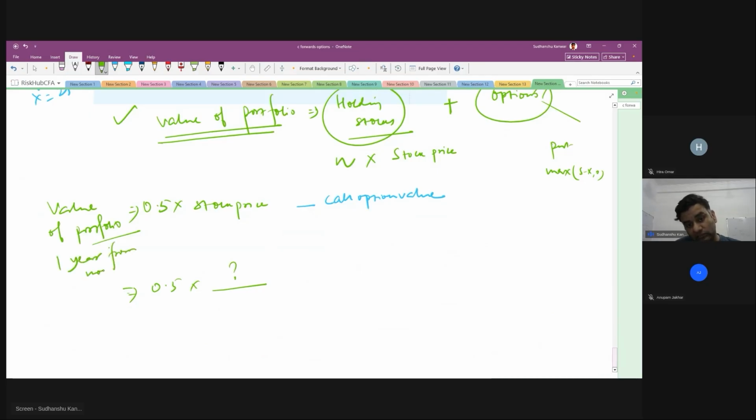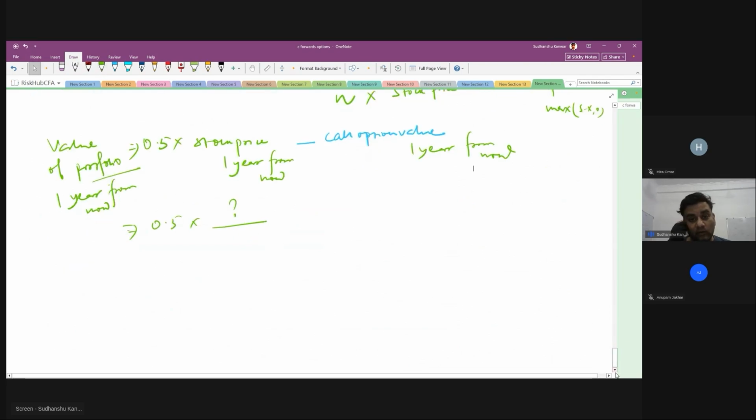So I need the stock price 1 year from now, and I need the call option value also 1 year from now. Both things 1 year from now. So let me find out what the stock price is 1 year from now and what the call option is 1 year from now. These are the two things I have to figure out now.